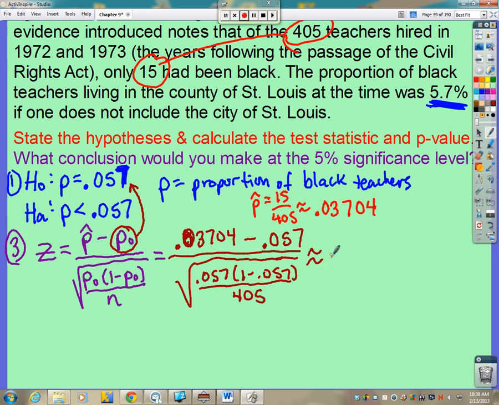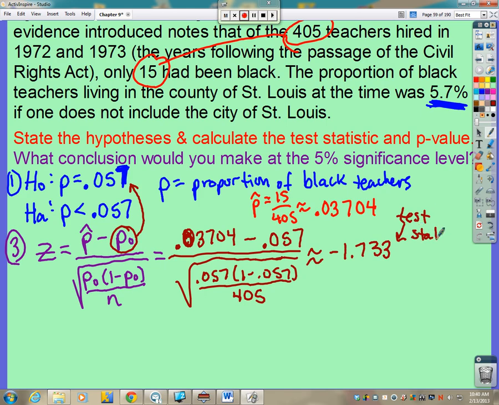So now, if I want to get a z-score out of this, I get a z-score that is approximately negative 1.733. Again, if I do 4 sig figs there, which is 3 decimal places. Okay, so there's my test statistic.